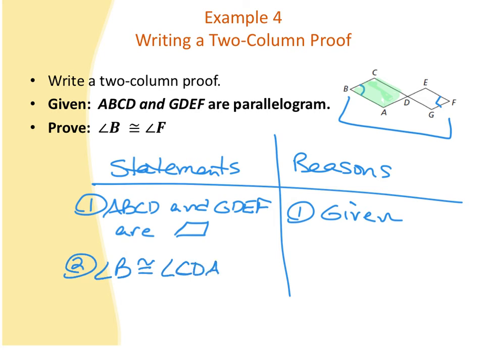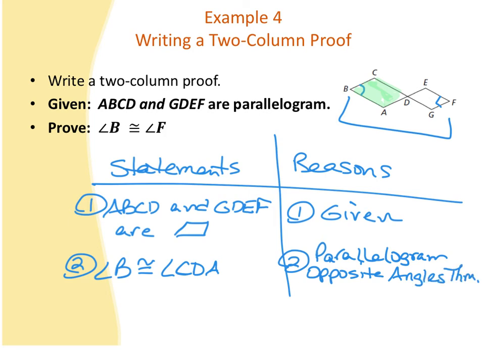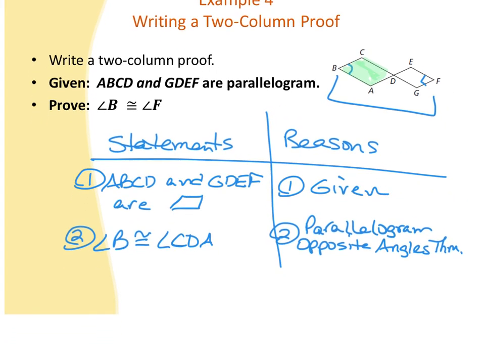And for that reason, I could either state the name of that theorem. I could label this as the parallelogram opposite angles theorem, and you could draw the little picture. You can either just state that, or you could state what it says.